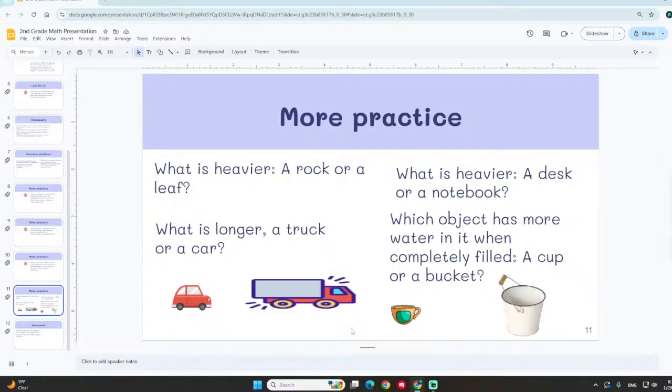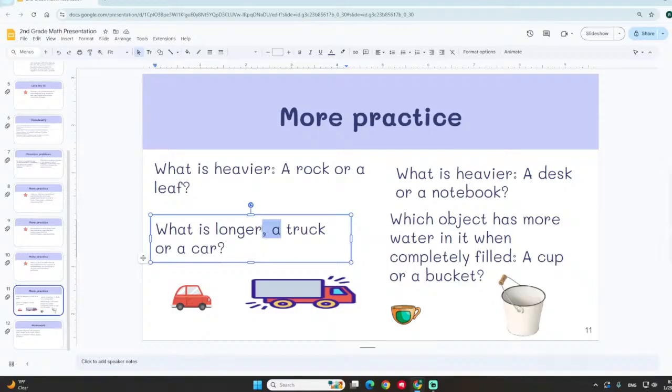Okay, so now that you had some time for that, we should have written 2 comparisons in our notebook. So make sure you're writing these comparisons in your notebook, because writing them will help you learn them more. So what is longer, a truck or a car? So here, a truck is longer than a car.